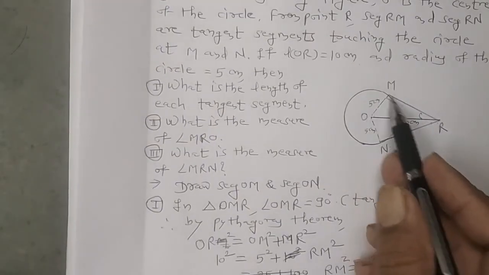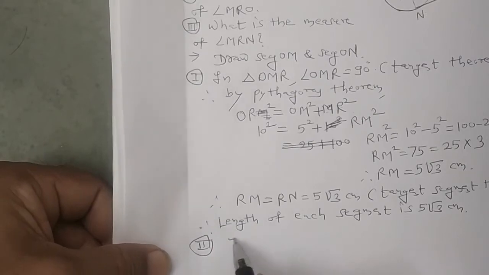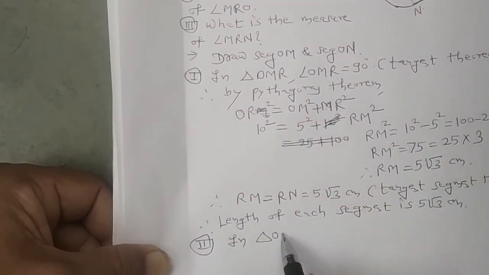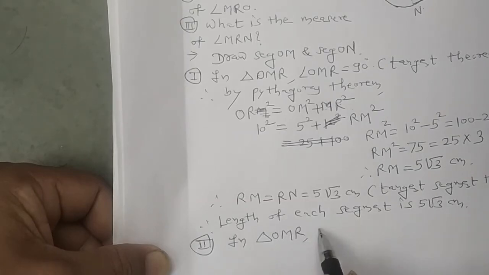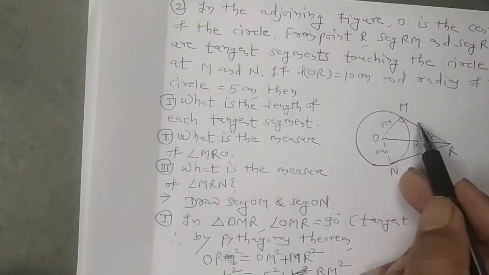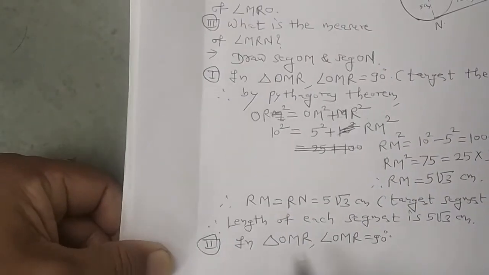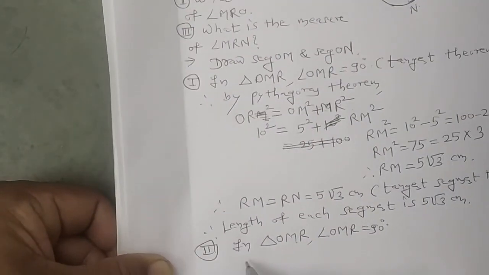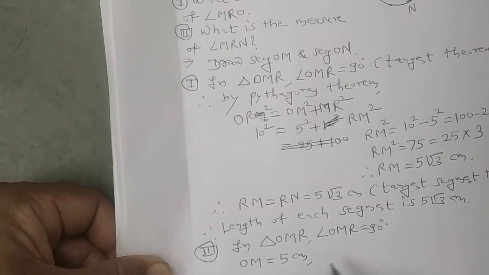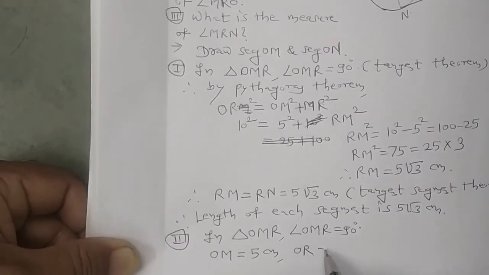Write down in triangle OMR, angle OMR is equal to 90 degree. Write down given OM is equal to 5 centimeter. OR is equal to 10 centimeter.